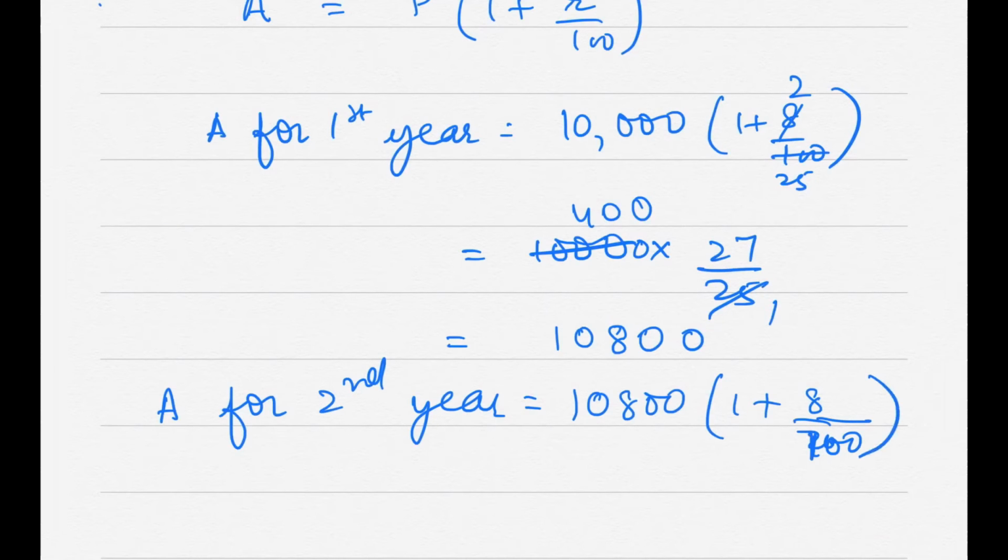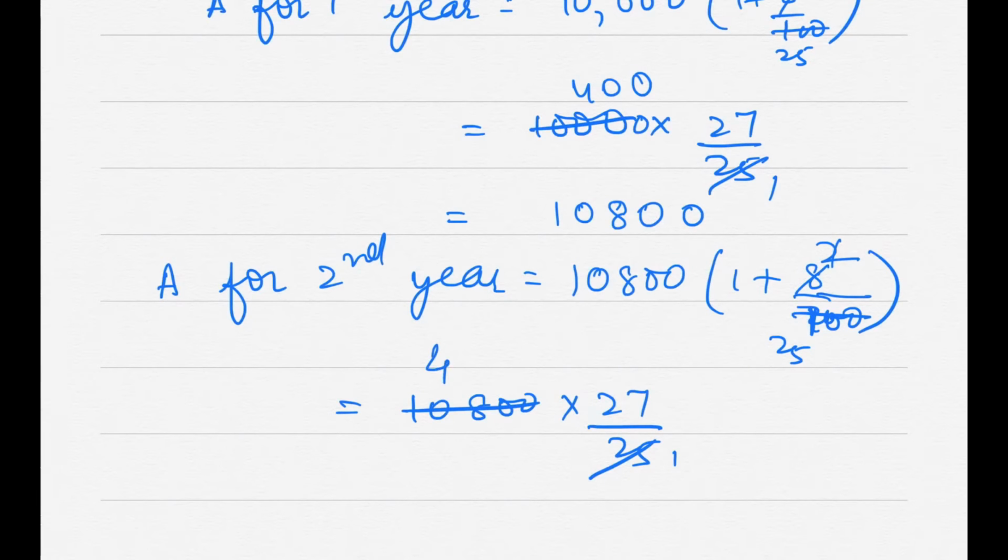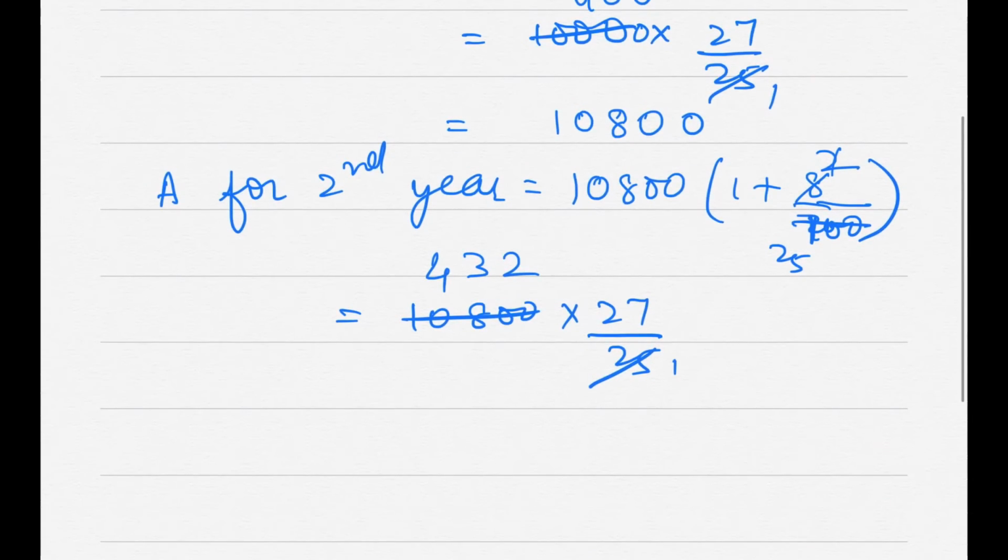So this becomes 10,800 into again 27 by 25. So 25 4 times is 100, then I get 80, so 3 times 75, 50, so 2 times. Okay, so now I have to multiply and find out.